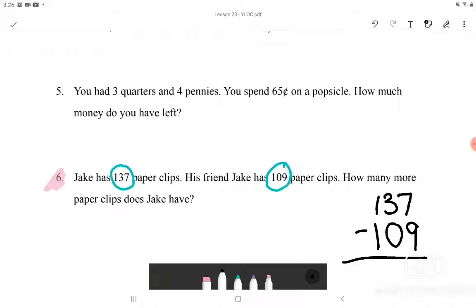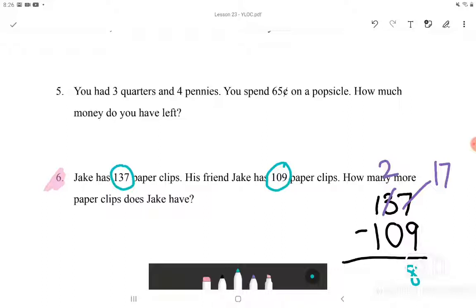Because 7 minus 9 doesn't work, we're going to let 7 borrow 10 from 3. So 3 will become 2 and 7 will become 17. 17 minus 9 is equal to 8. So we're going to put 8 here. And 2 minus 0 is equal to 2.